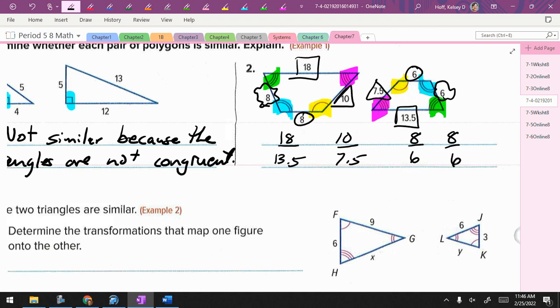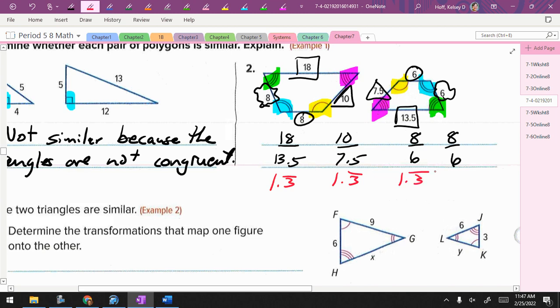Figure out what each of these ends up being as a decimal. 18 divided by 13.5 is 1.3 repeating. 10 divided by 7.5, 1.3 repeating. 8 divided by 6, 1.3 repeating.